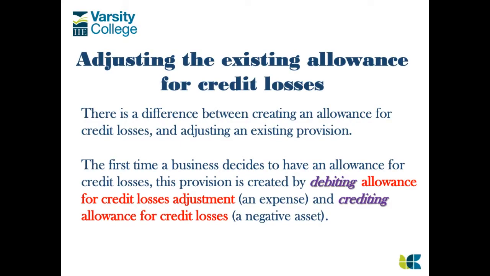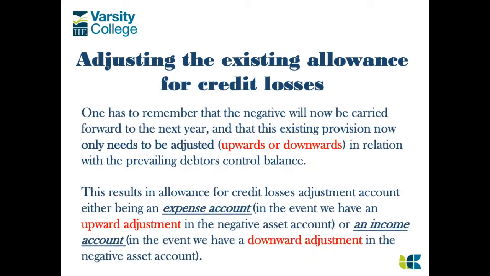Now, as I said, when you're first creating it, you're going to debit allowance for credit losses adjustment, and then you're going to credit allowance for credit losses, the negative asset.